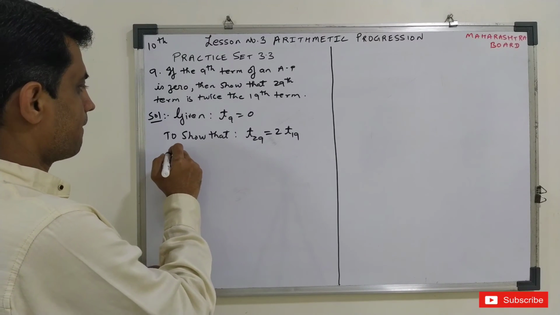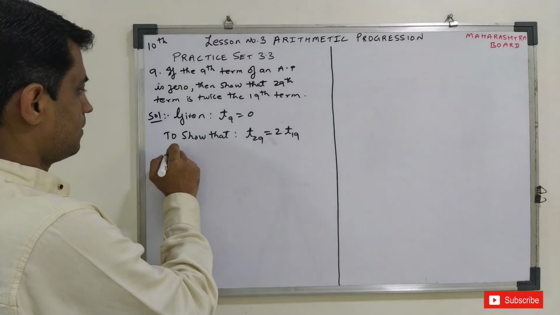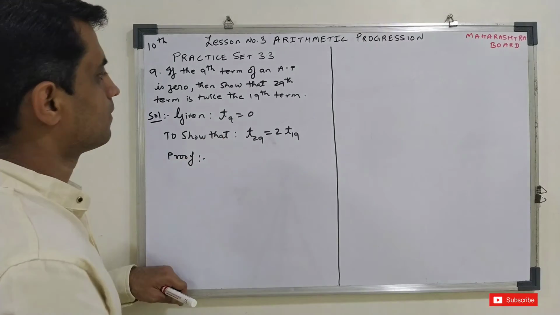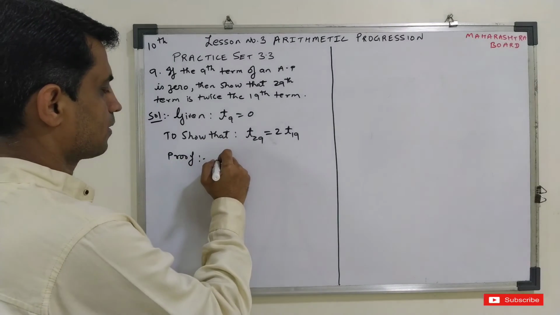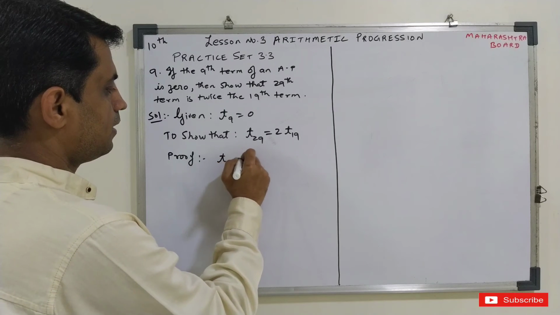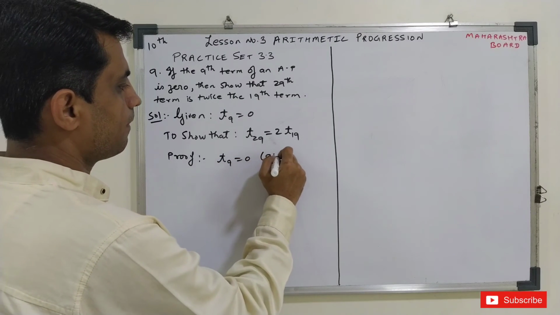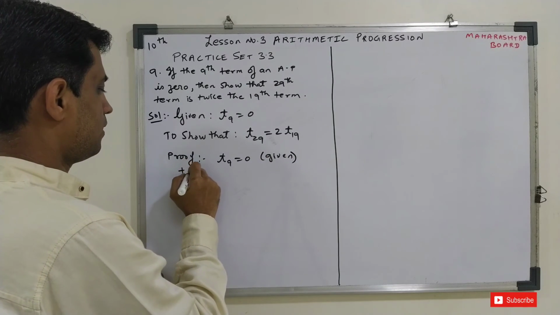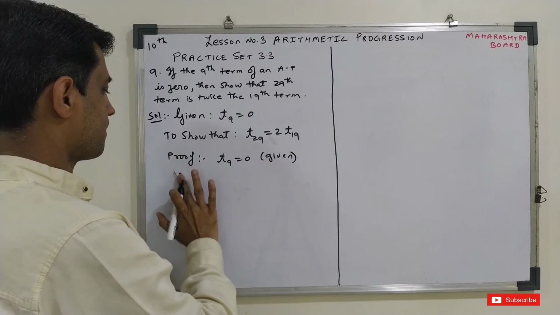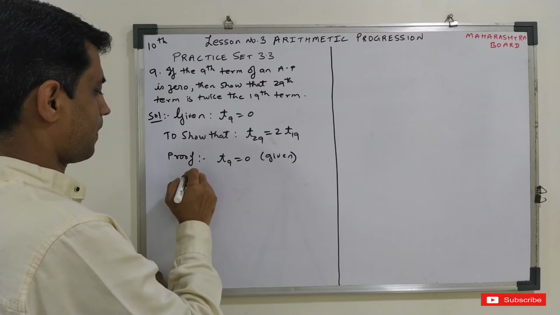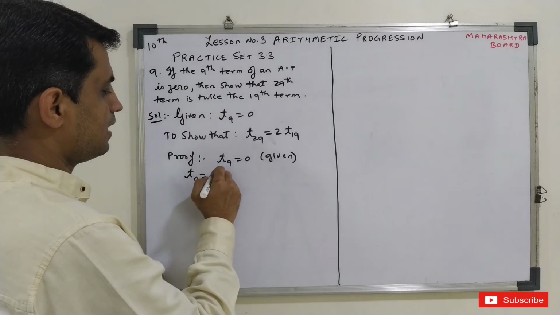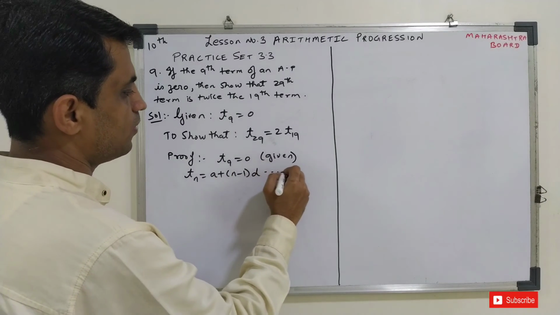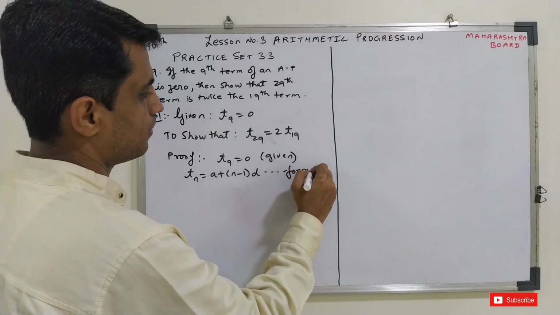Now you can write proof. Now T9 is 0, given. Tn is equal to A plus n minus 1 into D. This is our formula.